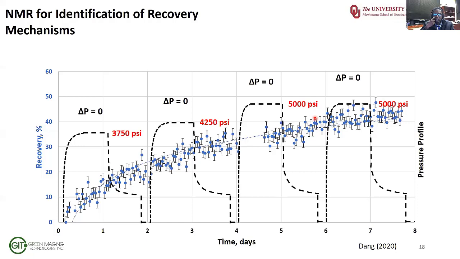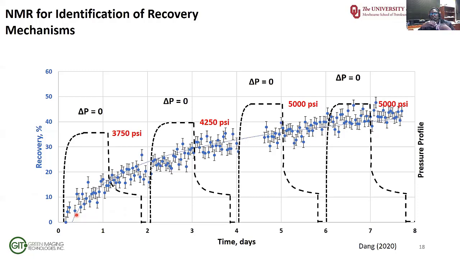If we go back to the first cycle, even during the injection phase, where we are building up pressure, and the soaking phase, as well as the production phase, we are producing during this entire time, including during the injection phase, which is something that we did not really anticipate to see.